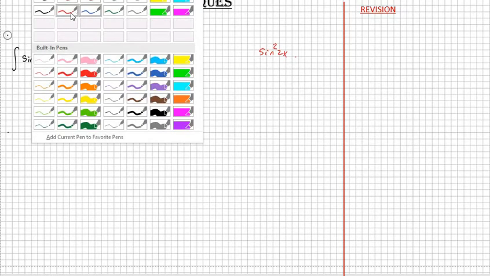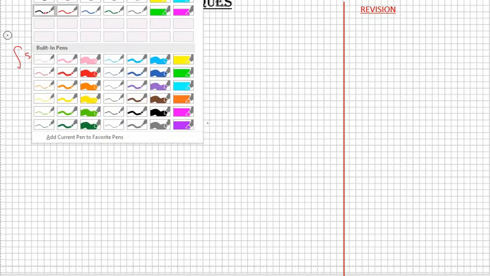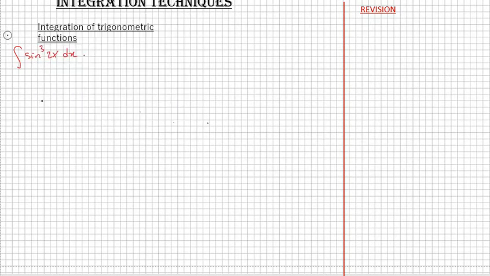So how to do that? Sine to the power of 3 2x dx. The first step is to write this function in such a way that we can see the exponent 2.